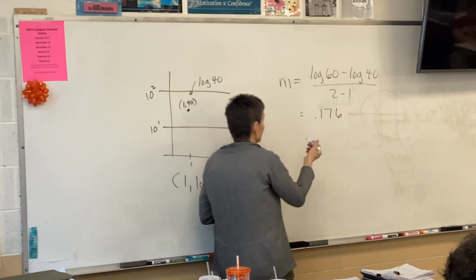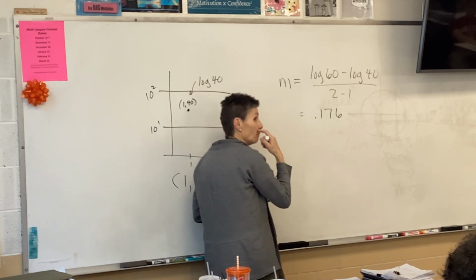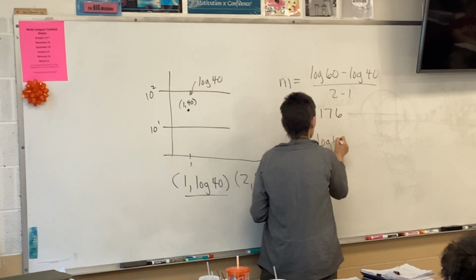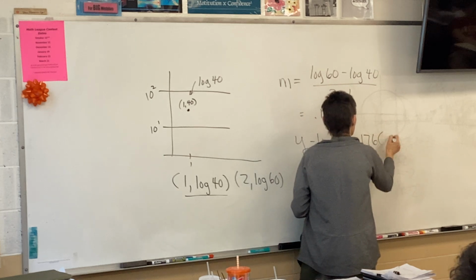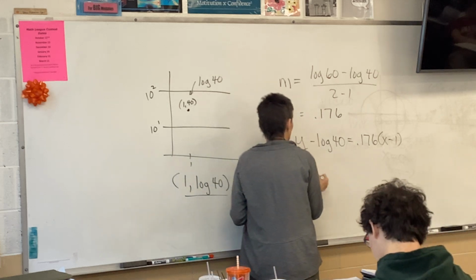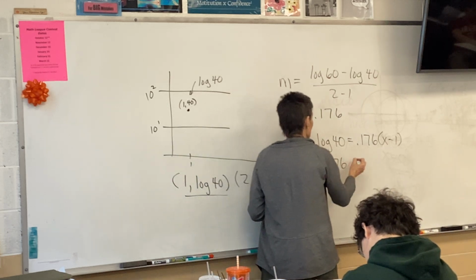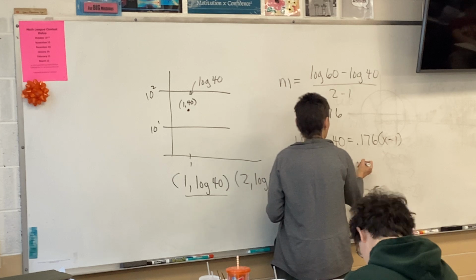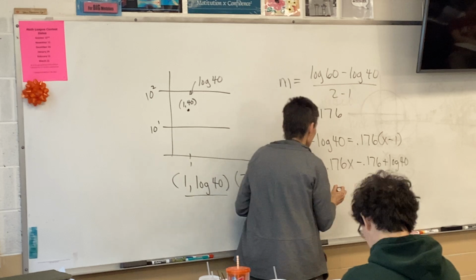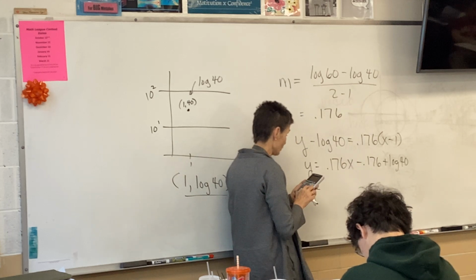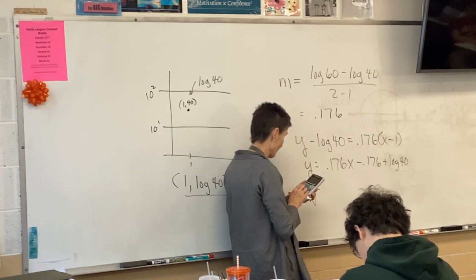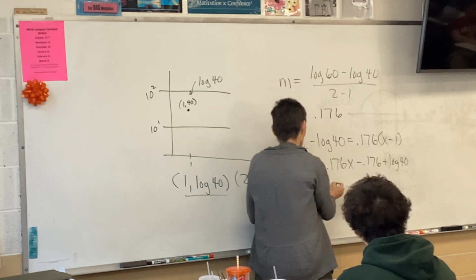All right, now I've got my slope. Now pick a point. So y minus log 40 equals 0.176 times x minus 1. So y equals 0.176x, and then I'll figure out what that is: negative 0.176 plus log 40.